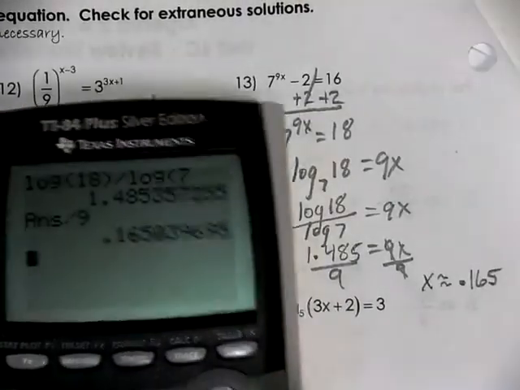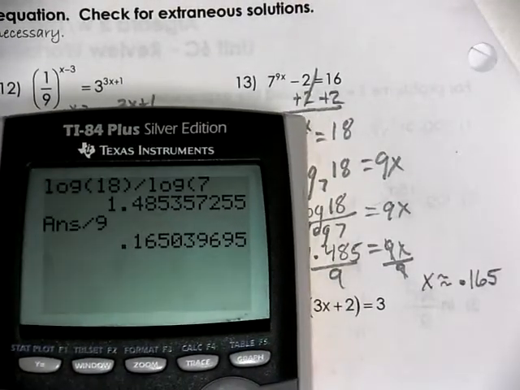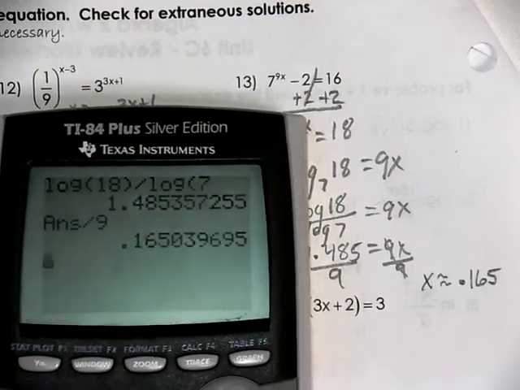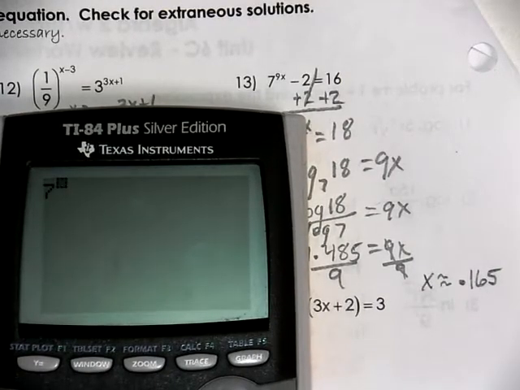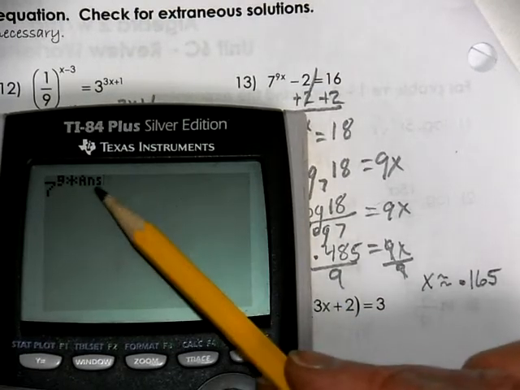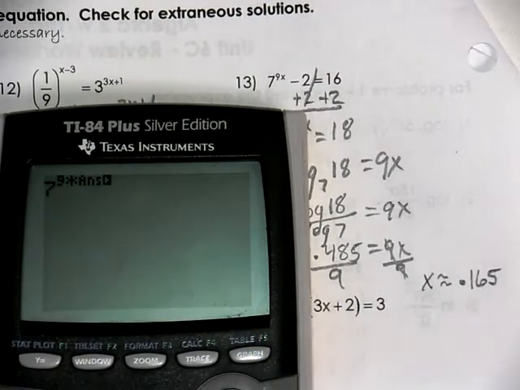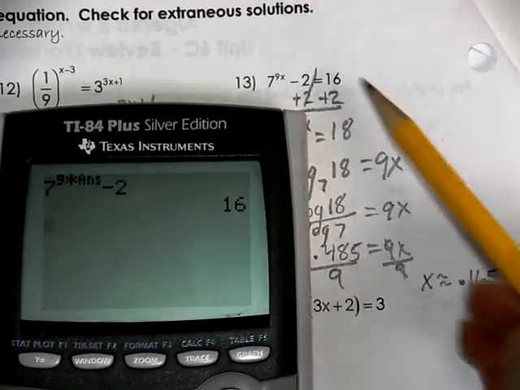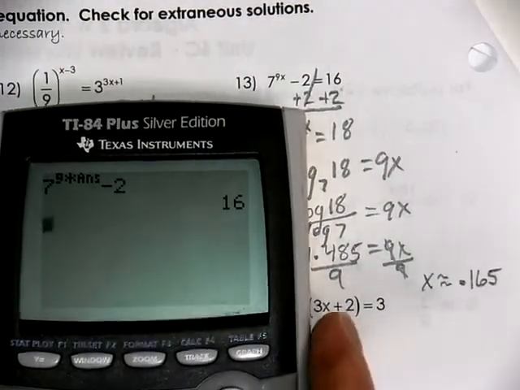And we can test that if we want to. 7 to the, let's use the right number, 7 to the 9 times your answer. If you use the real answer, the previous answer, you can make these answers match up. And that equals 16, just like we have.